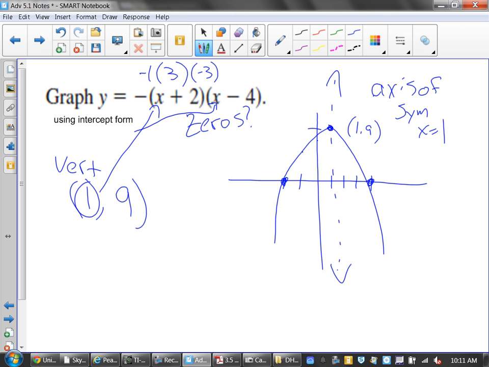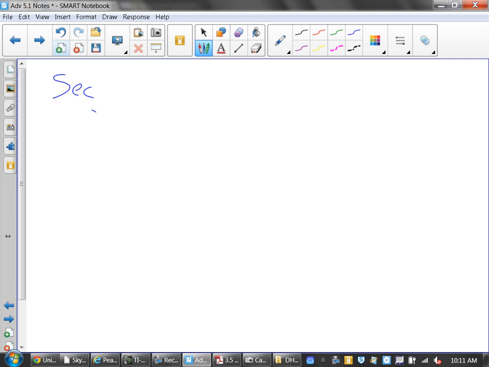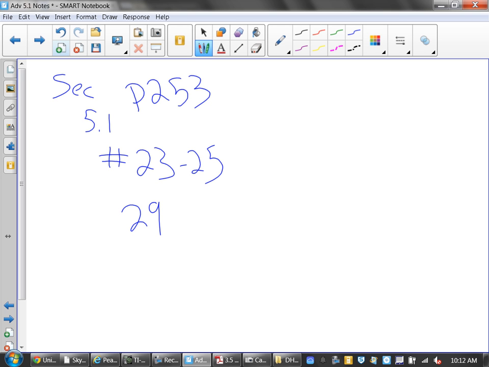What I want you guys to try over the weekend is I'm going to give you a couple of each style to graph. This is on section 5.1. I'd like you to do numbers 20, and I don't want you to use graph paper. I want you to do it how we did. 23 to 25, page 53, number 15.